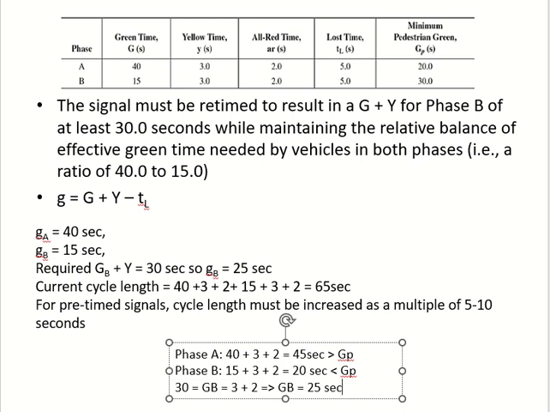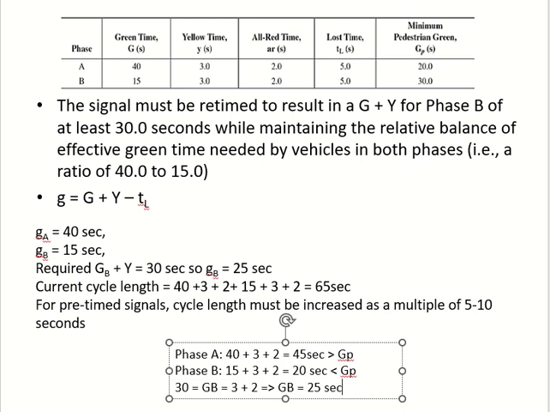Secondly, when the signal is green for B, that means it is red for A. In that much time, there was some traffic coming onto the A side. And when the signal became green, that time was enough for this traffic to move.